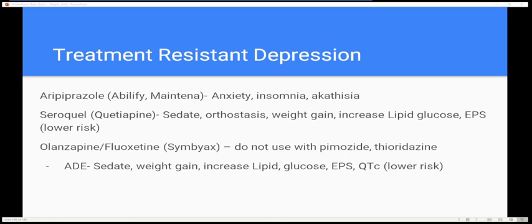Quetiapine is usually used in Parkinson's patients due to the low EPS risk, which is like, I don't know how to explain it. We'll get there when we talk about Parkinson's. I'll explain it more there. And then you have an olanzapine fluoxetine combo, which is Symbyax. That can cause sedation, weight gain, increased lipids, and glucose.